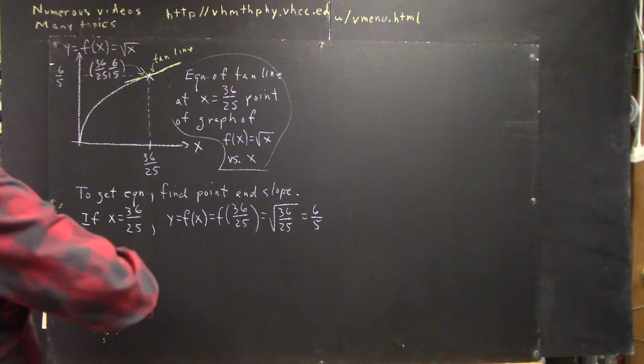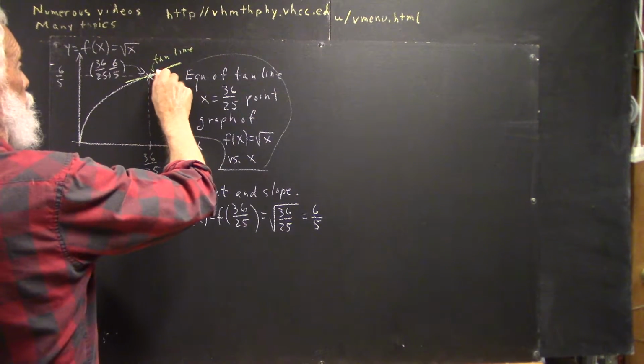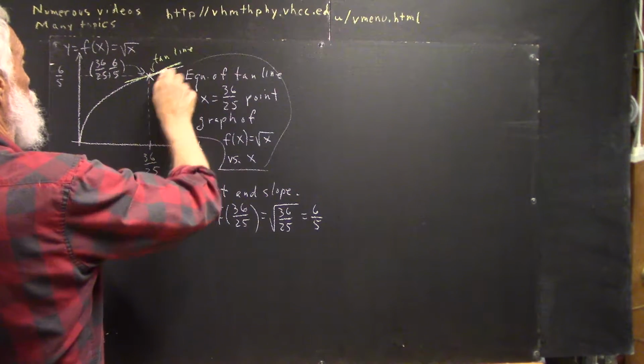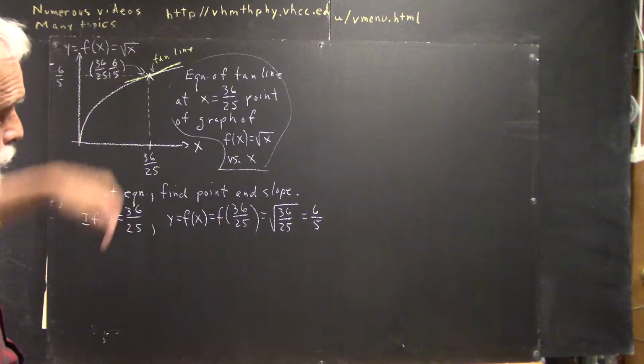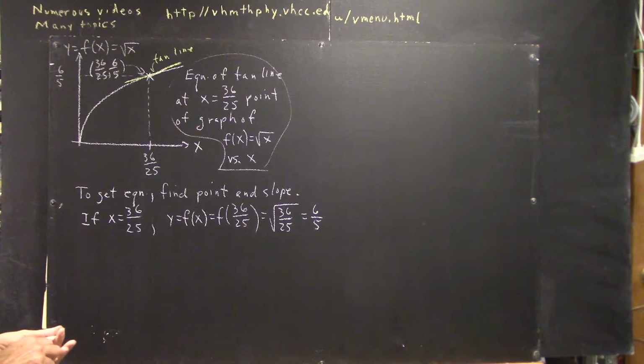Let me continue the graph a little bit here to show the way it is. I made the chalk dip there and ran into a bad place in the chalk, or my hand just wobbled. Okay, so there's a tangent line.